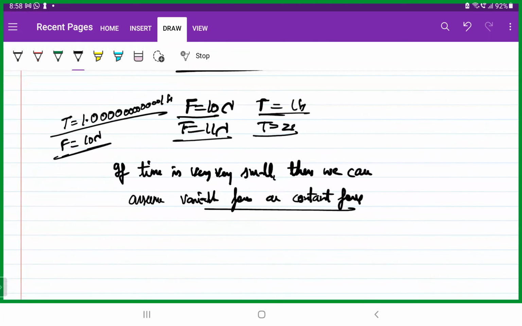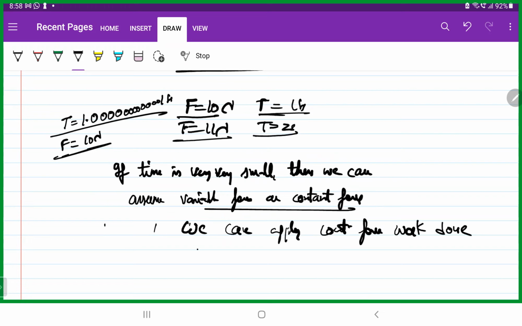So we can say that we can apply the constant force work done formula, provided we are taking very small time.